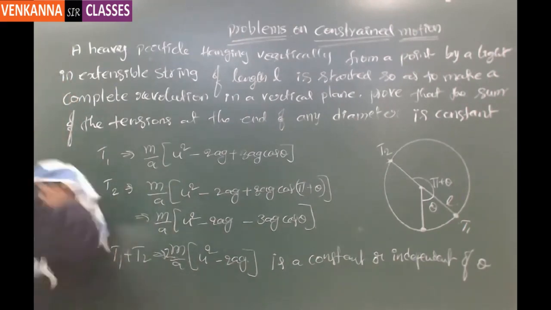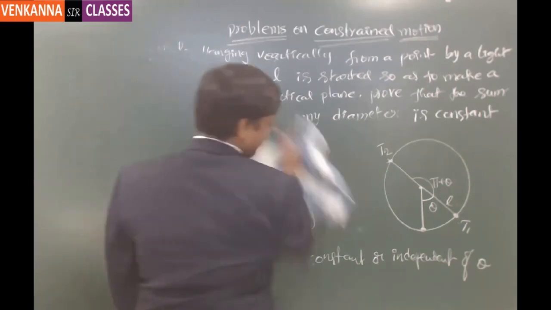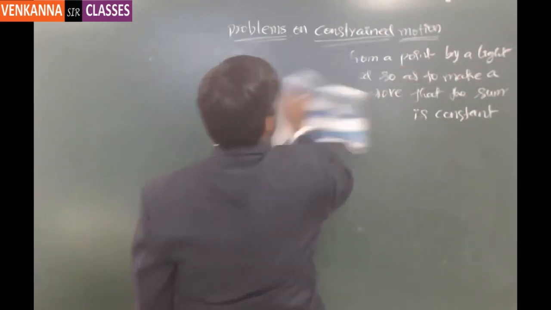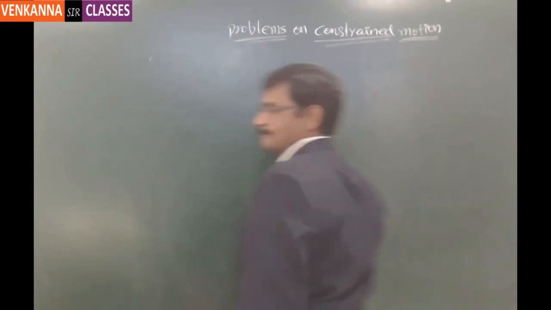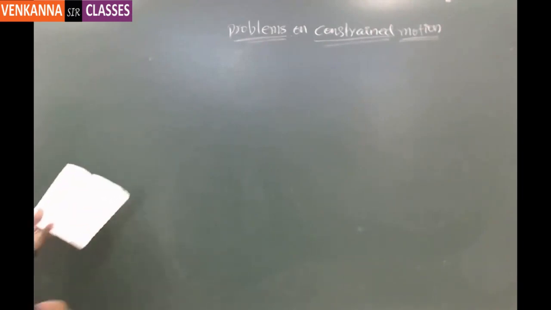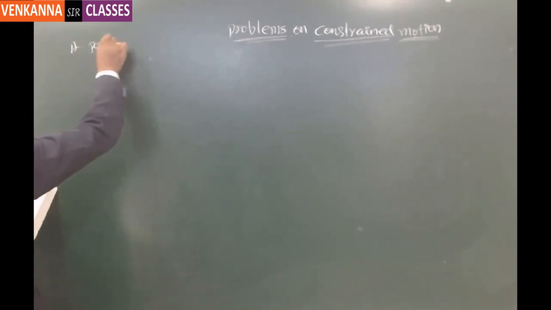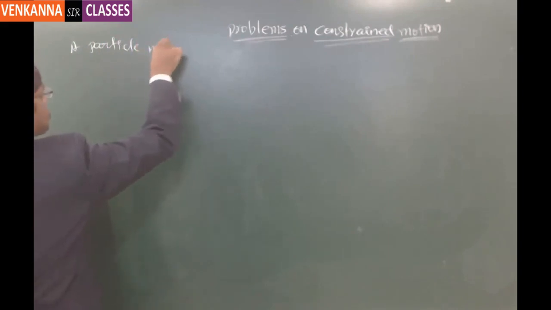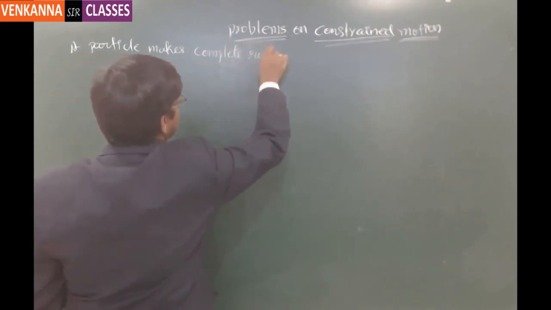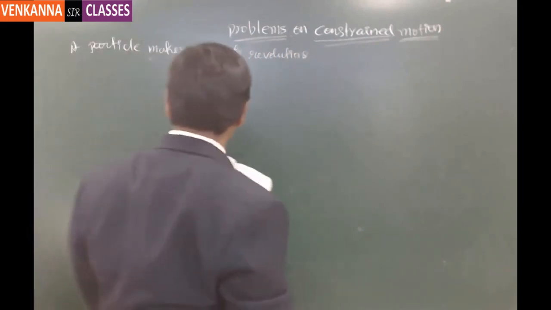Note down one more. A particle makes complete revolutions in a vertical circle.